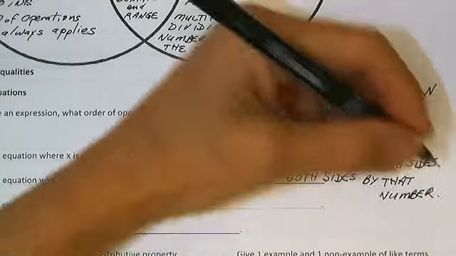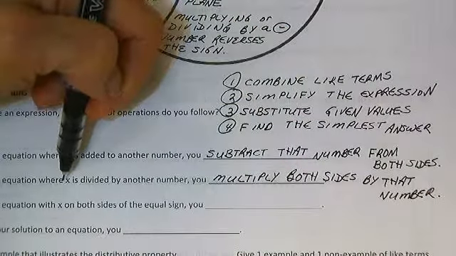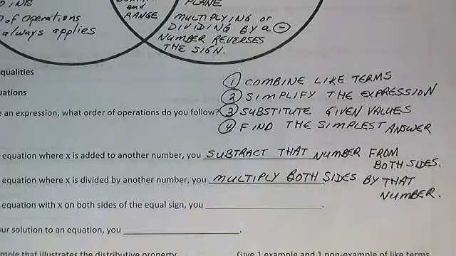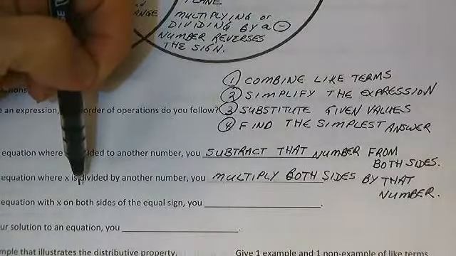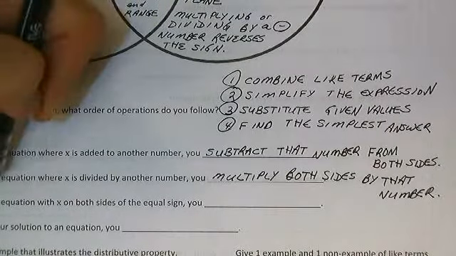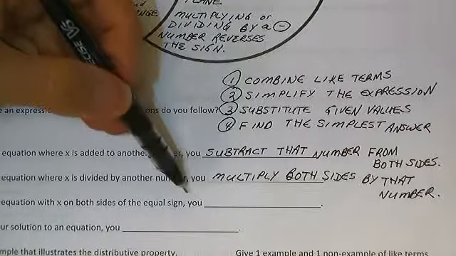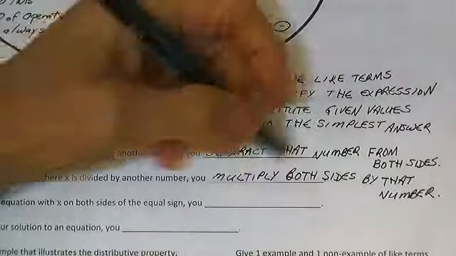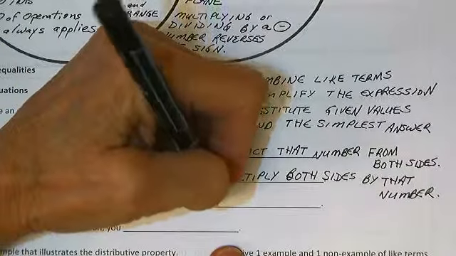If x appears as the numerator of a fraction, x over 2, then of course we multiply both sides by 2. Now, to solve an equation with x on both sides of the equal sign, you subtract the x term.